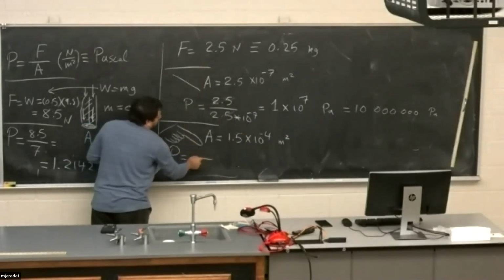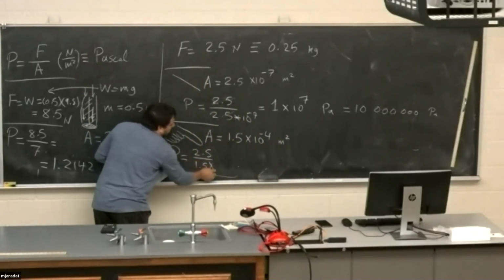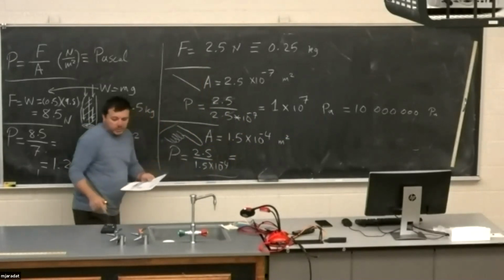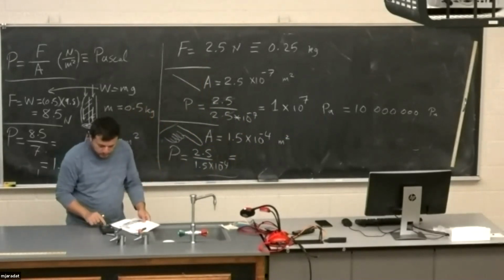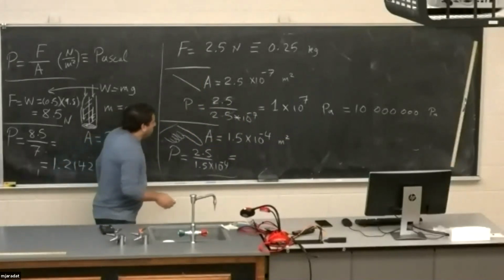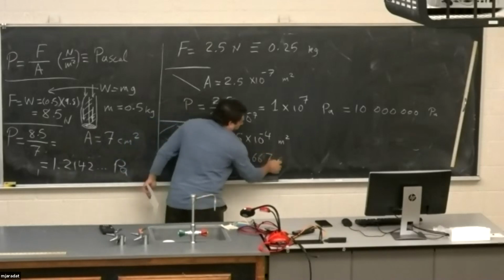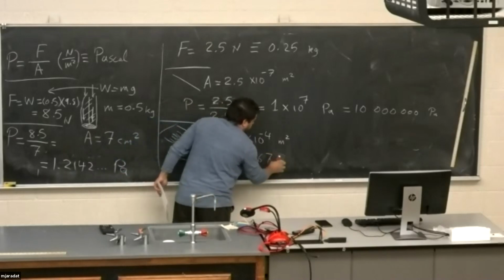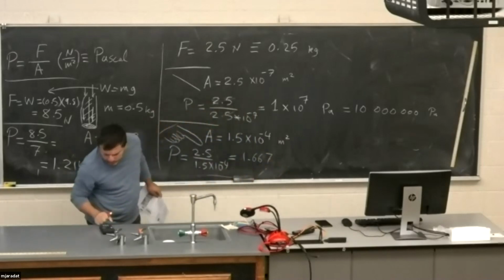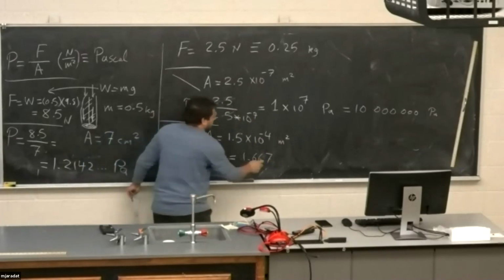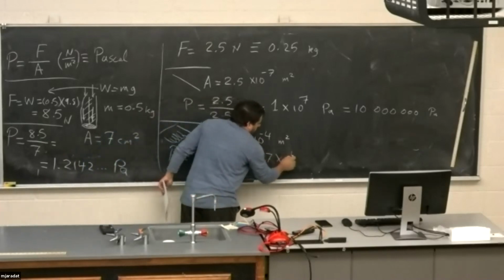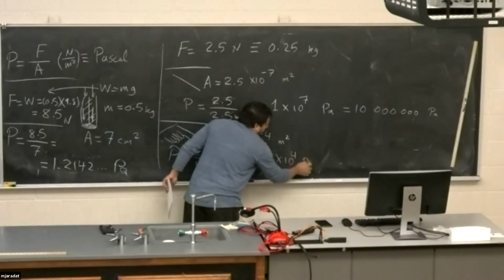It is equal to 2.5 over 1.5 multiplied by 10 to minus 4, equal to 1.667 multiplied by 10 to the 4 Pascal.